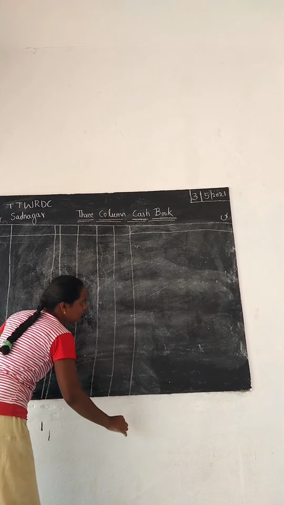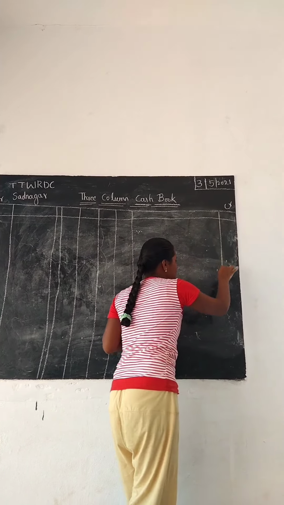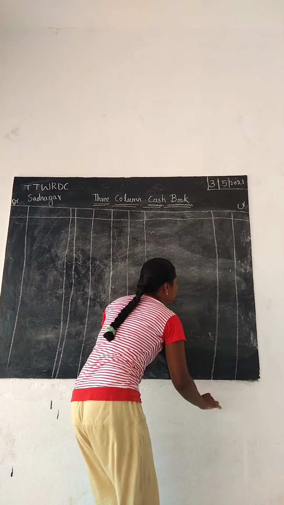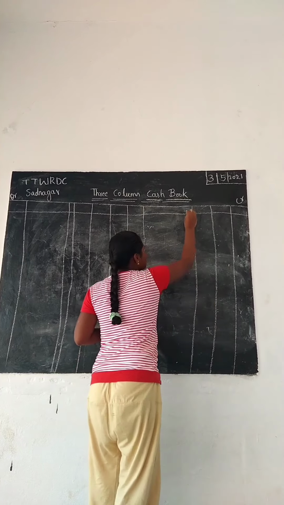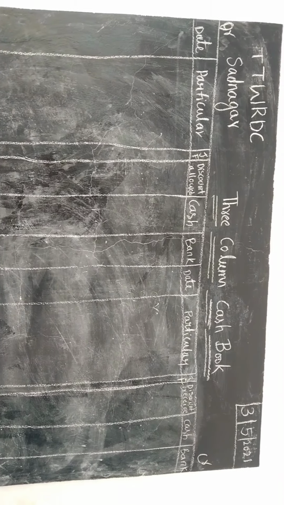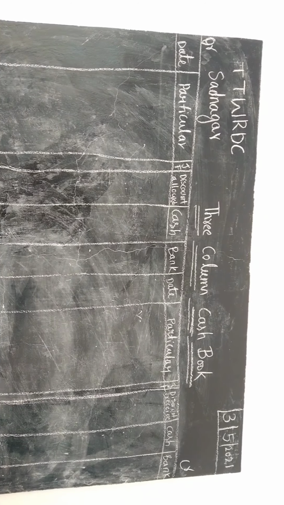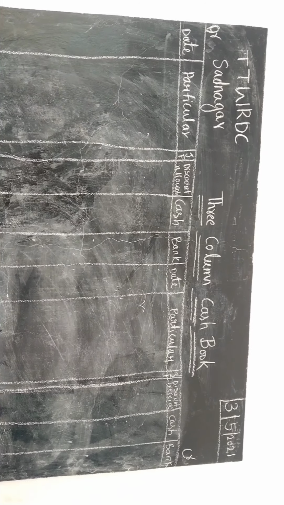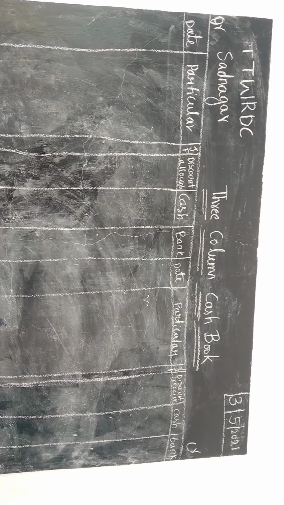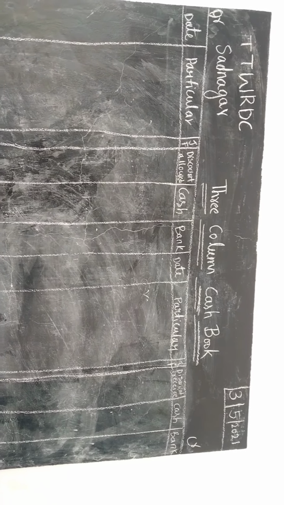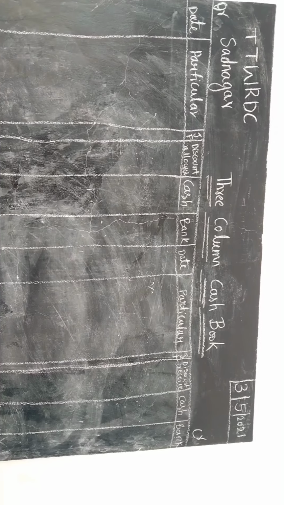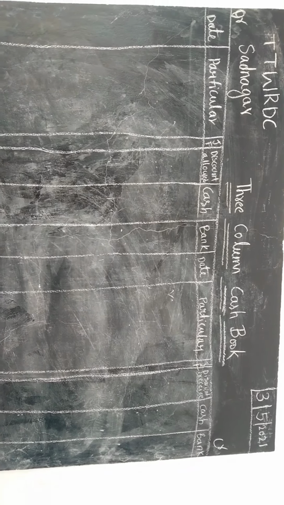On the debit side, the first column is date, second is particulars, next is JF, discount allowed, then cash and bank. And on the credit side, the columns are date, particulars, JF, discount received, cash and bank.